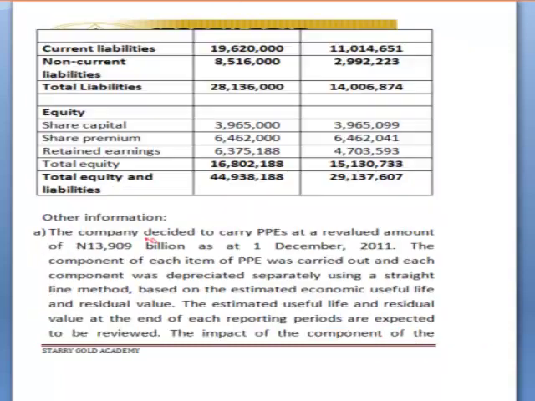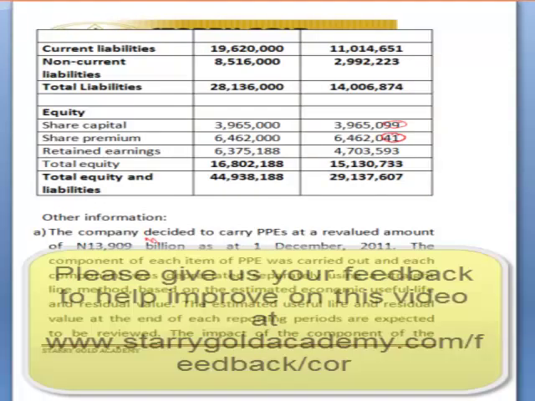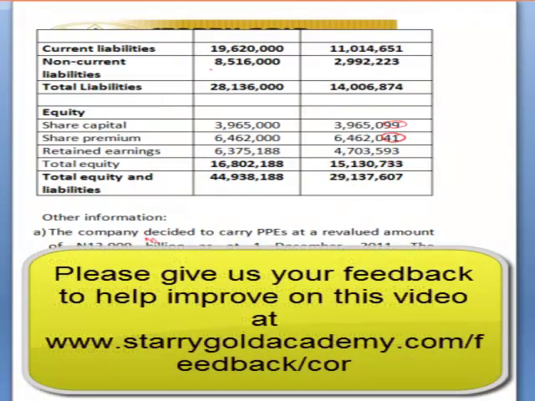Now it should have credited bank or cash. So let's look at the implication on the financial report. You will see that that explains what he has here, and what we have here. So we need to take it out from here and include it as part of our bank or cash.